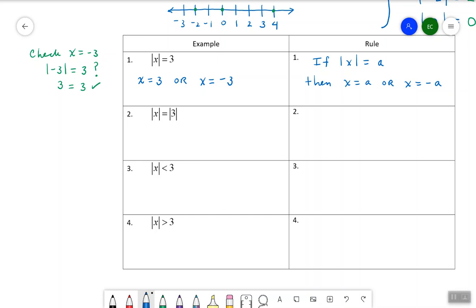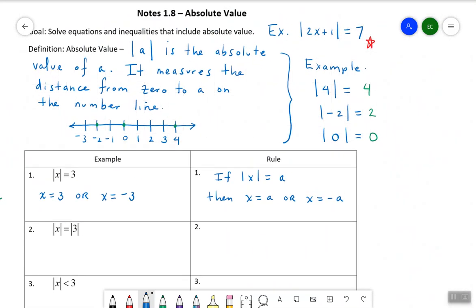So in just a minute, we'll replace the x here inside the absolute value with something a little more complicated, like 2x plus 1. And then over here on the right, a is a constant. A is just a number, like 7 or 3, and a does not have a variable. There is no variable over on the right side of this rule.